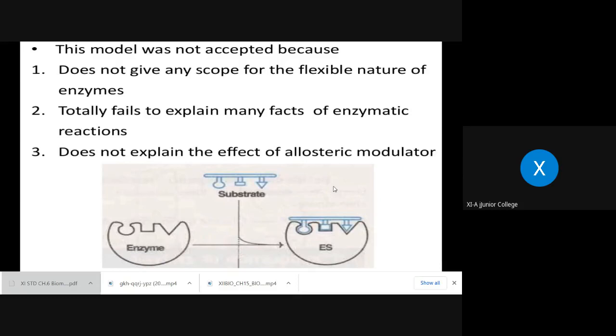Just remember, this is not accepted because it cannot prove the rigid nature of the active site of the enzyme. So that's why this theory was not accepted later. But it has importance because this was the first theory to explain the reaction of the substrate with the enzyme. So it also has an important role.